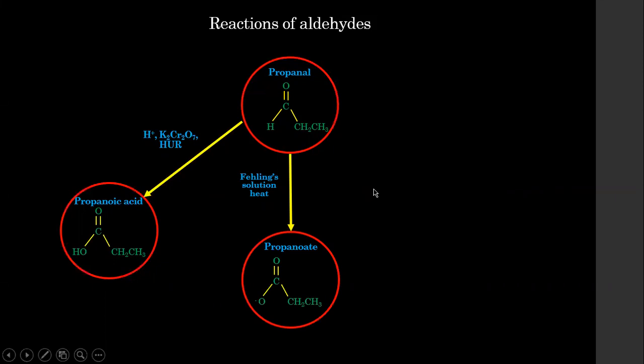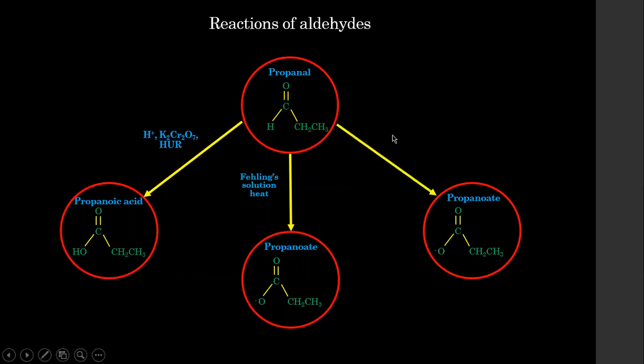Do the next one now. Propanal, last reaction. It is a reaction with Tollens reagent. In Tollens reagent, there are silver ions. Propanal undergoes oxidation to give propanoate. Tollens reagent has to be heated with the aldehyde in a water bath. In addition, remember, there are observations.